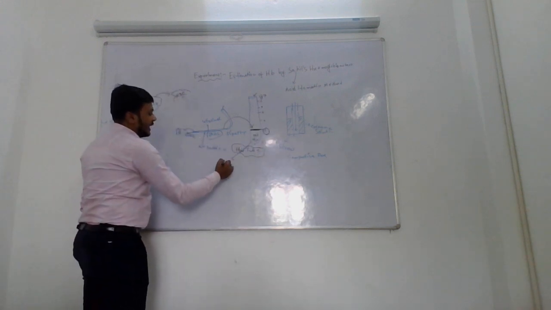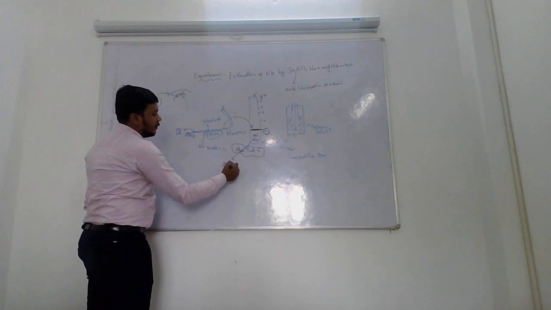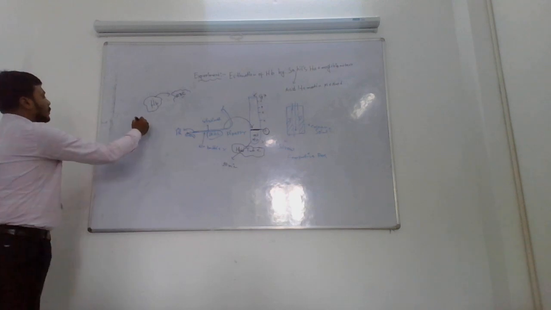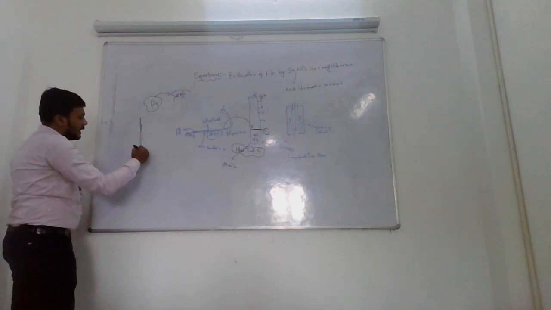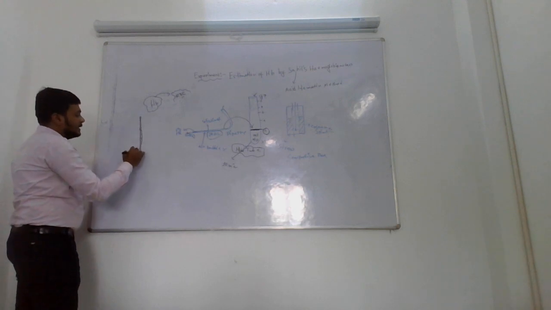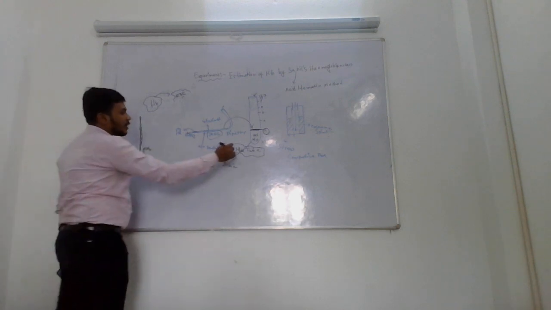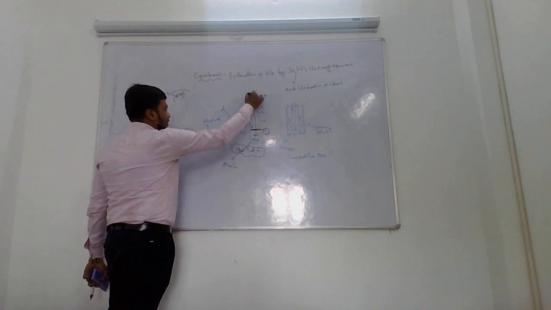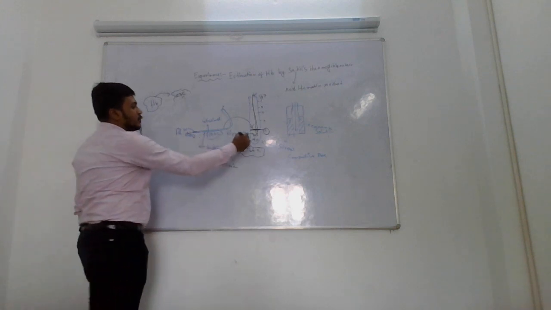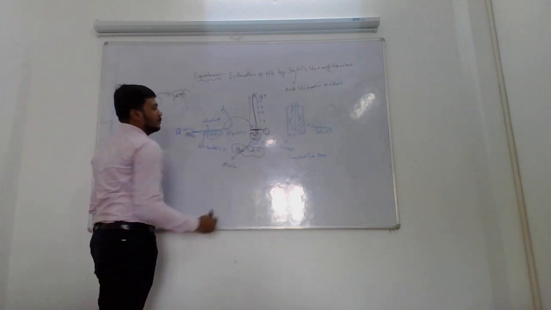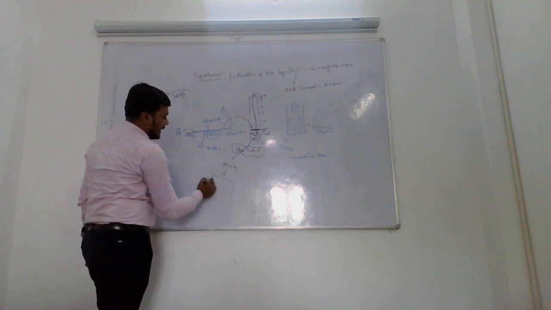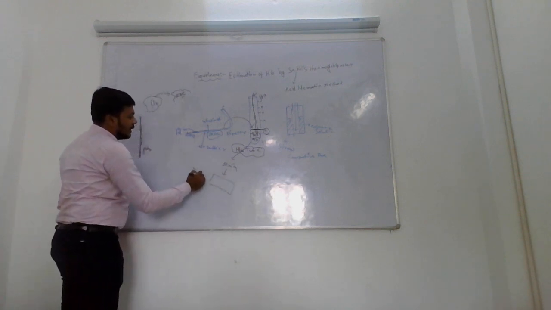Now we have to let it stand for 10 minutes, mixing it very gently. For mixing, we have a glass rod, which is used for mixing the blood and the HCl. After the 10 minutes, we proceed to add distilled water.